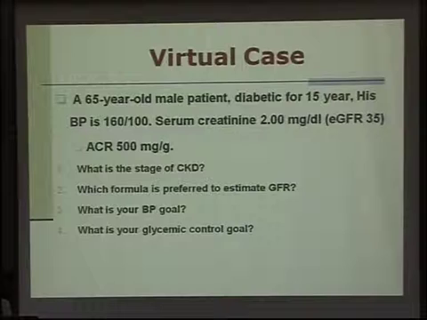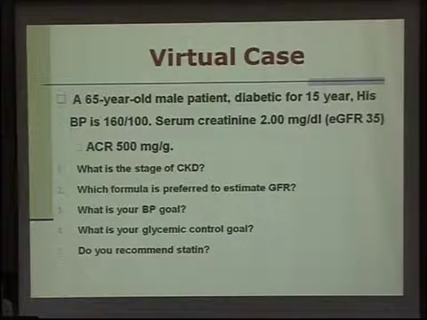Okay. When I say okay, it doesn't mean the answer is perfect, but just to continue. Do you recommend adding a statin for this patient, either he has hypercholesterolemia or not? Do you recommend statin? All of you, yes? It's okay.